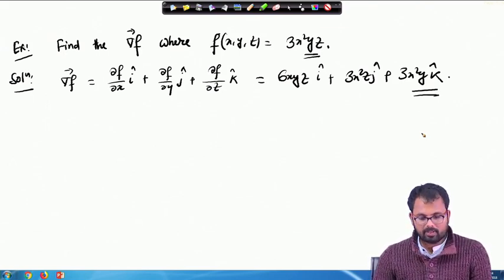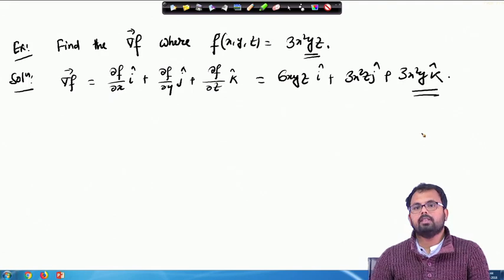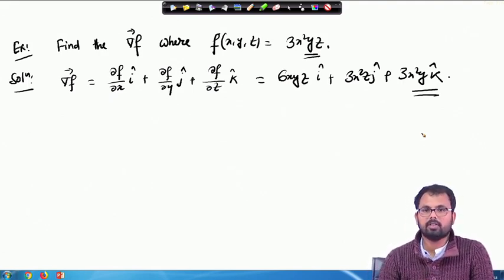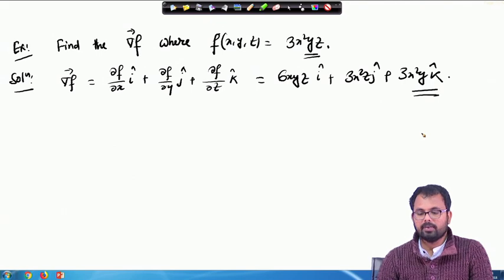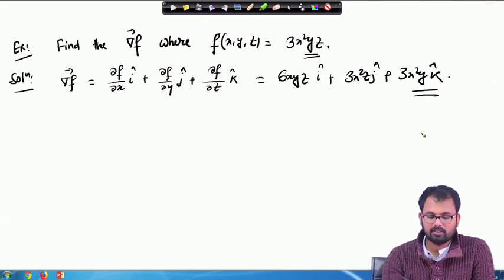Based on this, you can calculate the gradient of any scalar function, provided its partial derivatives exist. We can consider another example.